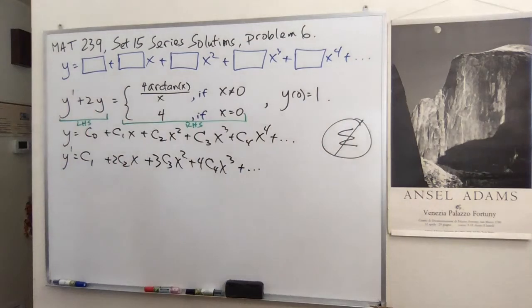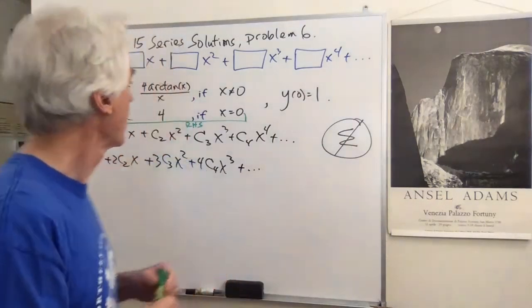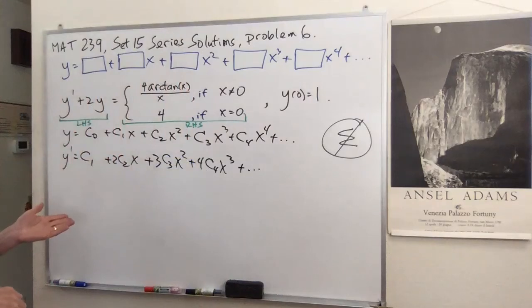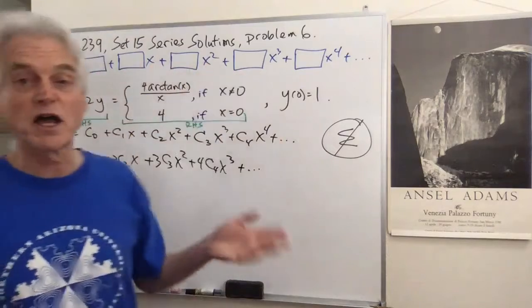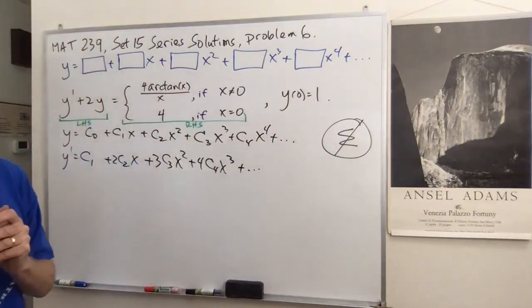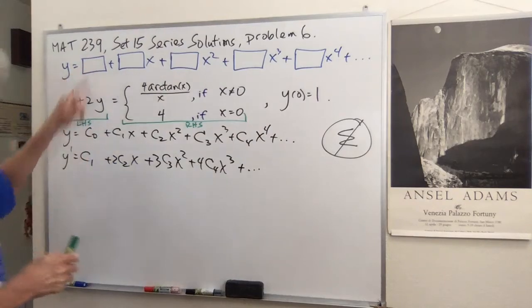Before I do that, I want to fill in one of the answers. There's something I can do without any work. One of those 5 boxes I can fill in right away. Can you see what that is? Right here, this is a 1.